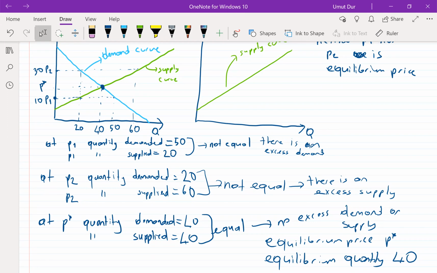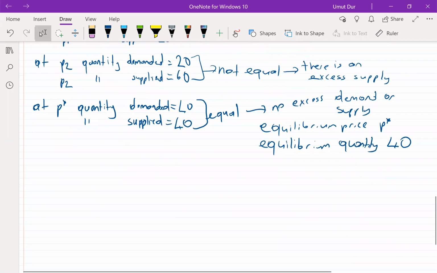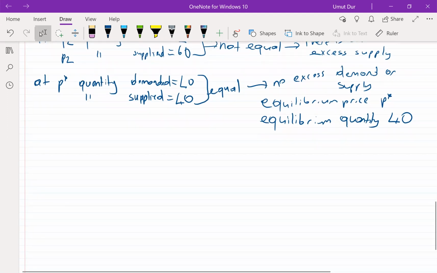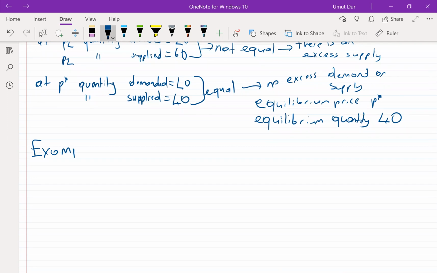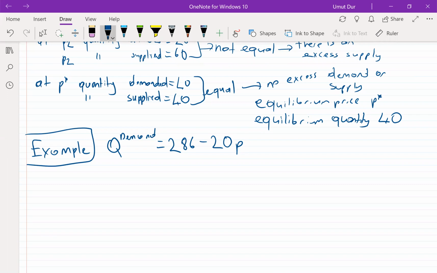Let's try to make a very simple example. Let's say the demand function is given as Q demand = 286 - 20p, and Q supply is given as 88 + 40p.